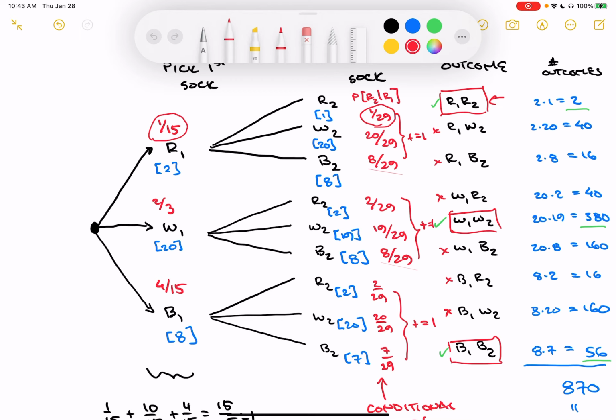We can see that we start the experiment with our first sub-experiment. That gives us a set of outcomes. Each one of those outcomes has further outcomes, and those further outcomes are conditioned, so all of these fall along the lines of a conditional probability. We can count the number of outcomes for each one of these branches, multiply them together, and take ratios of outcomes to find probabilities, or we could just label each one of these as probabilities as well.